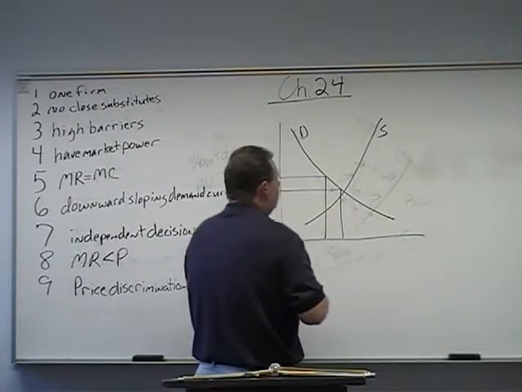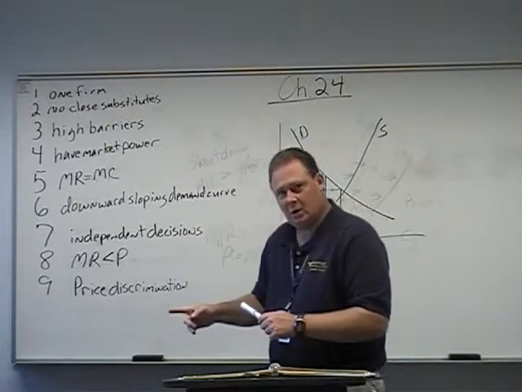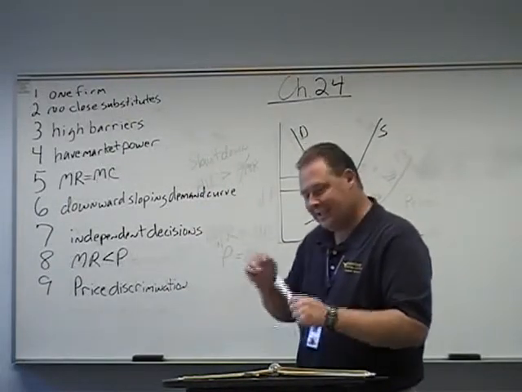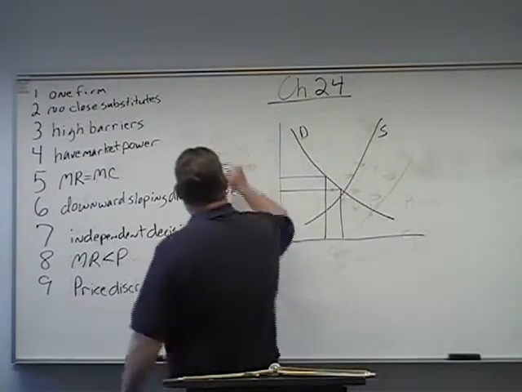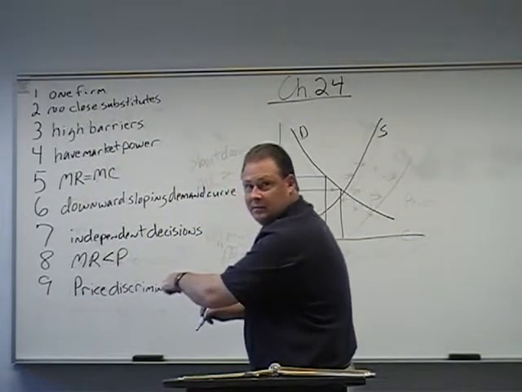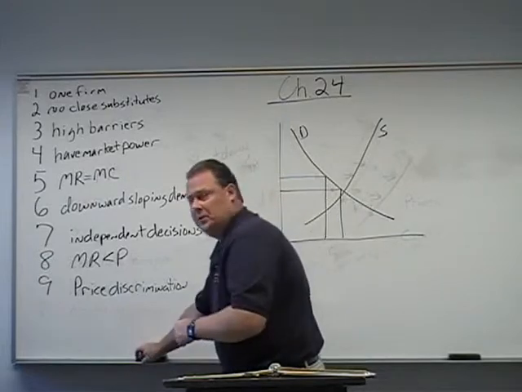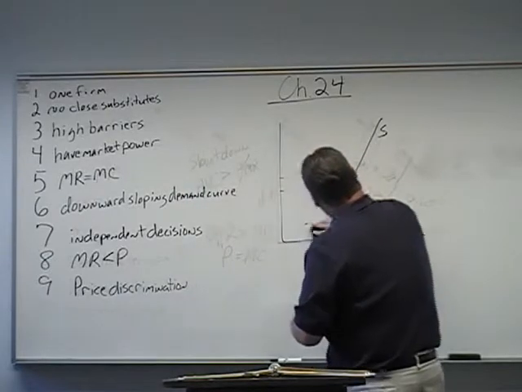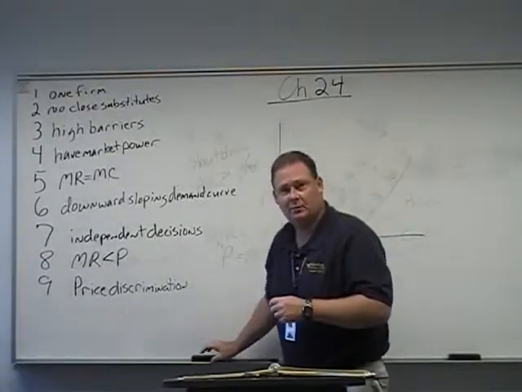Now, marginal revenue was equivalent to price when we looked at pure competition. That's not the case in monopoly. In monopoly, the MR is always less than price. And it comes from the way we calculate marginal revenue. Remember, marginal revenue is the change in total revenue associated with the last unit.